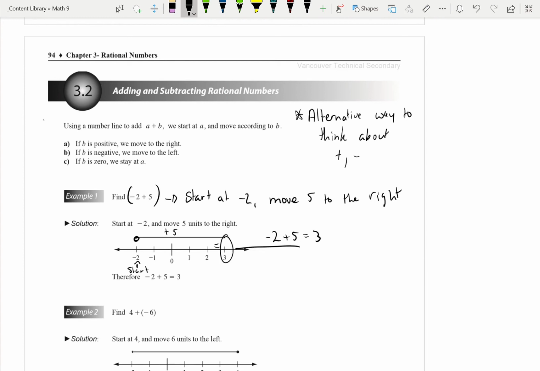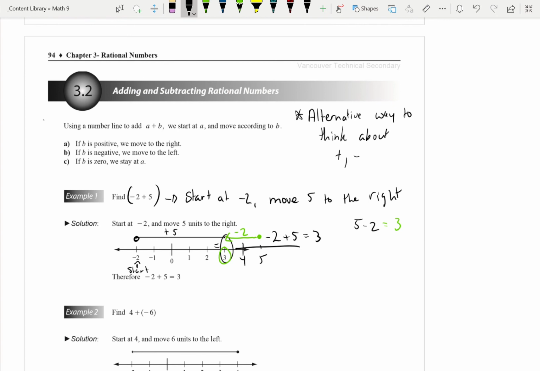If I extend this out, so I have 4 and I have 5. If I instead had 5 minus 2, all I've done is rearrange the problem. I'm going to start at 5, and I'm going to move -2 units to the left. And again, I end up at 3. So it works no matter the order.